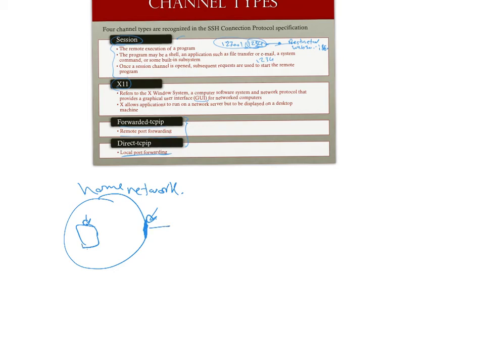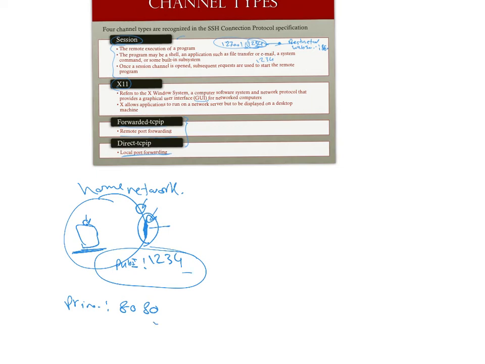So if I send anything to this network, I'm going to send it with the public IP. If I'm sending this to this public IP address and a remote port of 1234, then the SSH that runs here will change the public IP and this remote port to a private IP with a port of, say, 80 if I want to access the web server on this server machine, which is, again, totally hidden from outside.